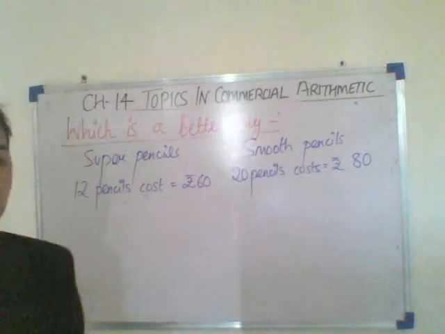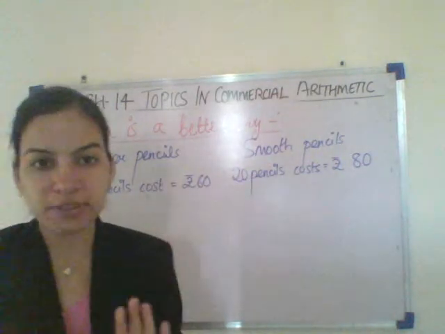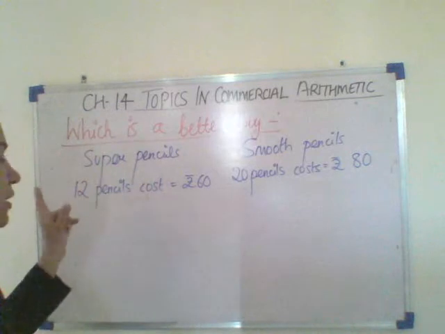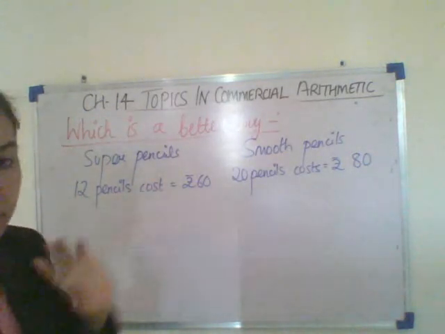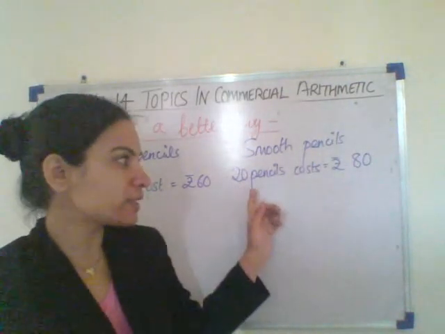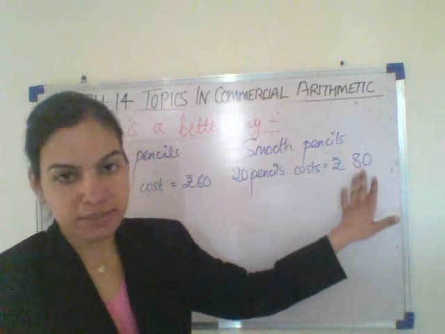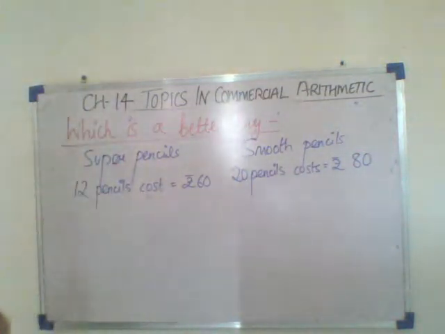Okay, I went to a market. In that market, super pencil and smooth pencil, two boxes are there. The super pencil box has 12 pencils and the box rate is rupees 60. In the other box, there are 20 smooth pencils, and their price is 80. Now which one will be better for me to buy?